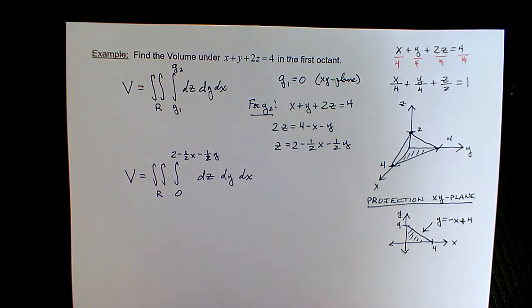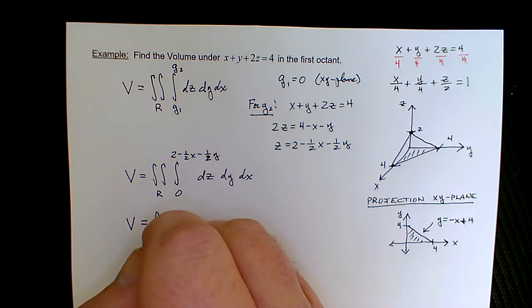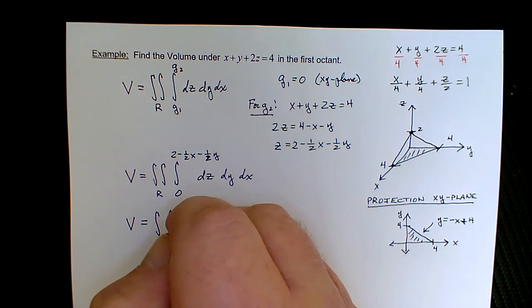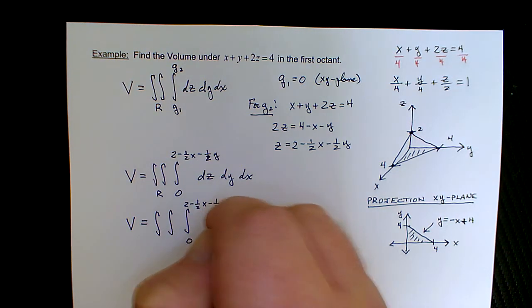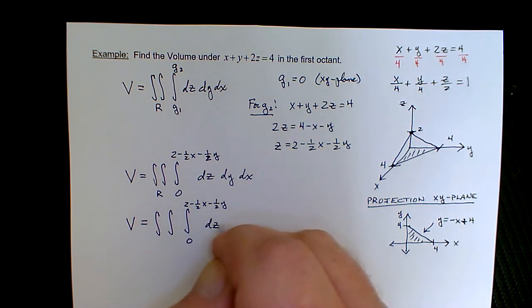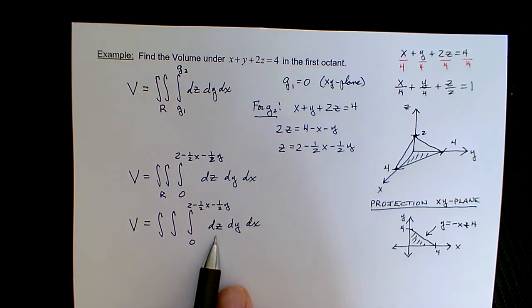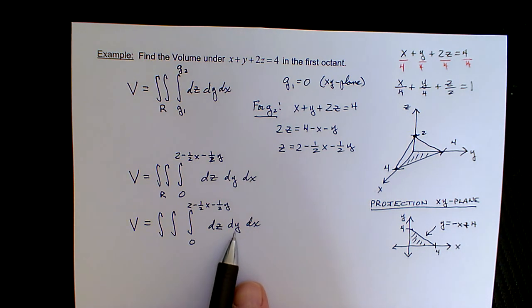So we've got the volume is equal to, let me space these out a little bit. This is 0, this is the 2 minus 1 half x minus 1 half y. Okay, and if we're doing it in this order, dz dy dx, that's probably going to be the best order to choose, because typically the projection, you'll have a function for y in terms of x.